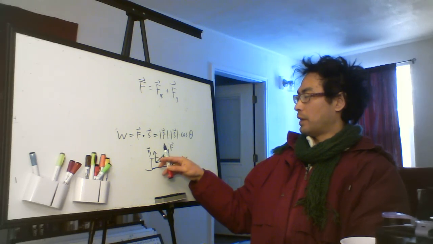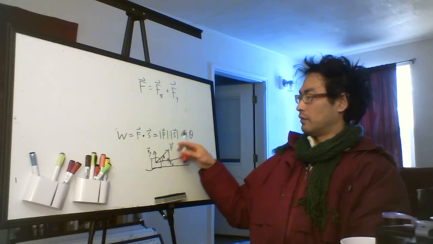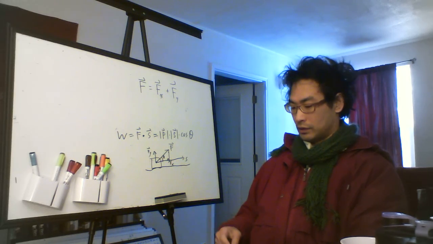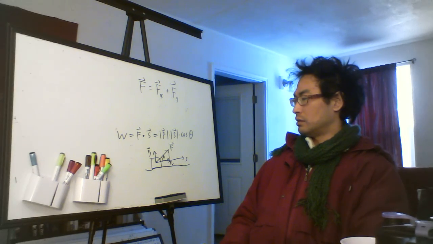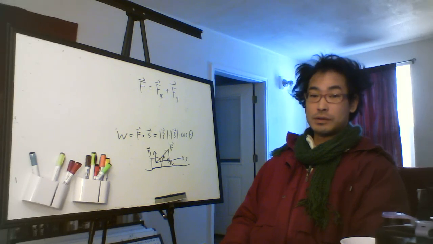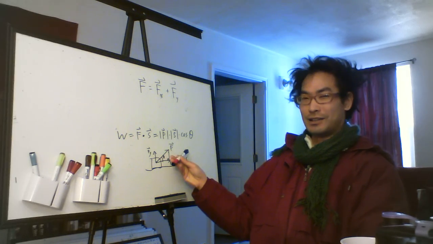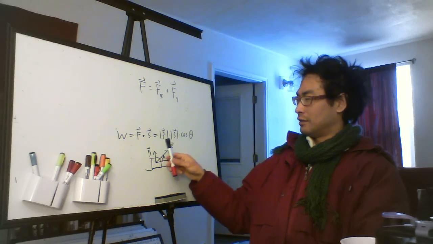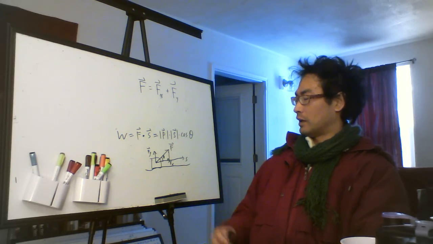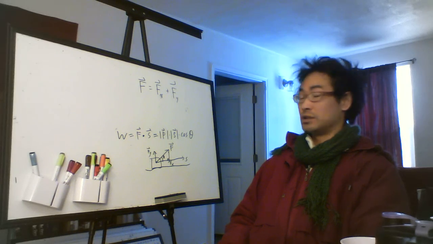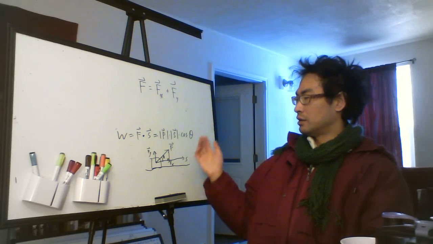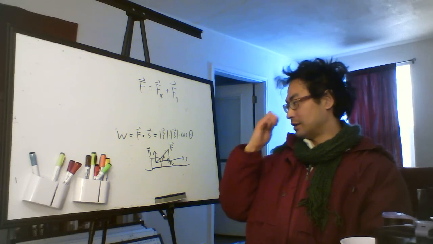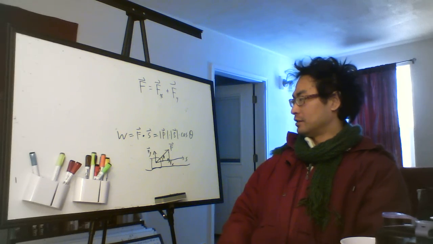If you parallel translate a vector, by definition it's the same vector, because it has the same direction and same magnitude, then the identity of the vector is preserved as long as you don't rotate it. You parallel translate a vector, then its identity is preserved because you're not stretching it, shrinking it, rotating it, or twisting it. It's just preserving direction and magnitude.